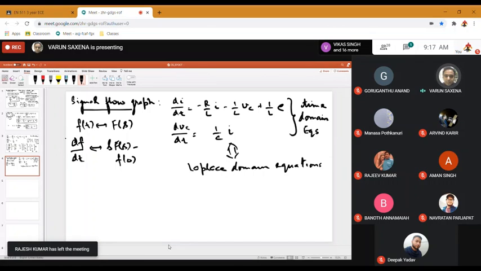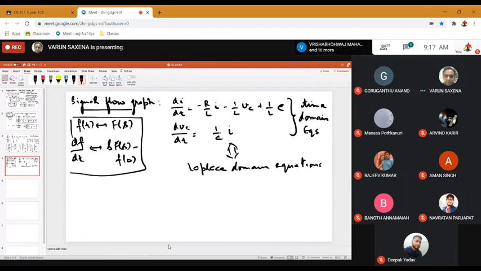This is the standard formula, and we are going to use it to get the Laplace transformation of di by dt and dVc by dt.